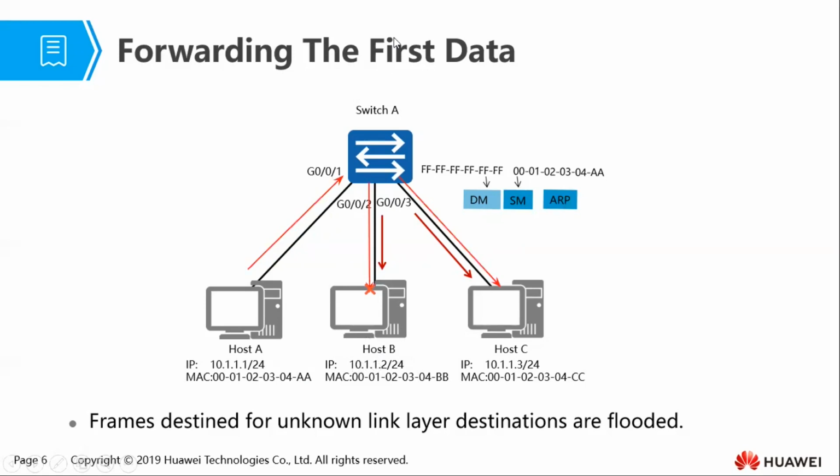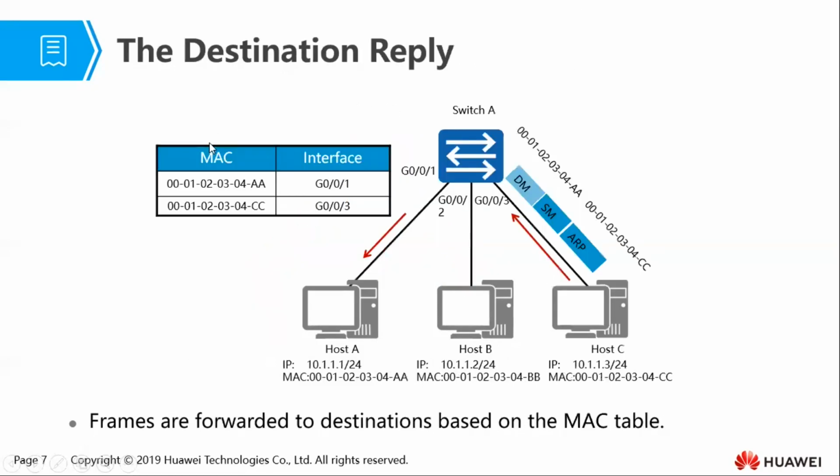On the other hand, host C will check the contents of the ARP header and see that its IP address is matching, and therefore it's going to process it, discard the Ethernet header and go ahead and process this ARP header. When it processes that ARP header, of course, it's going to respond with what we call an ARP reply.